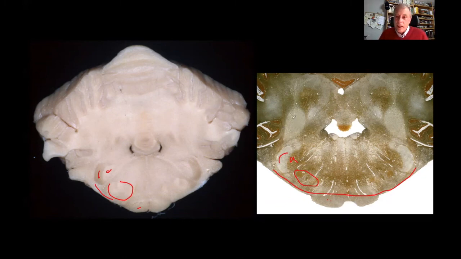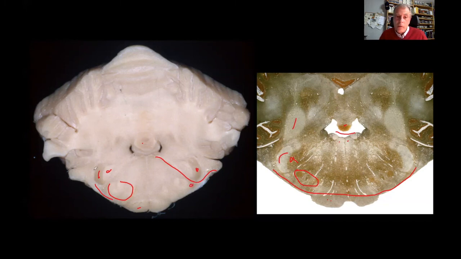So here we are at the level of the caudal cerebellar peduncle, the lingula, fourth ventricle, okay, medial longitudinal fasciculus and tectospinal tract, and the internal genu of the facial nerve, and these are the facial fibers, as you see, and they are going to leave between the spinal tract of the trigeminal nerve and the rubrospinal tract.